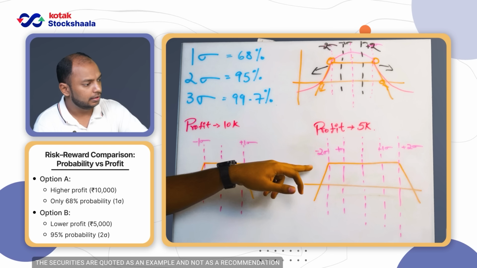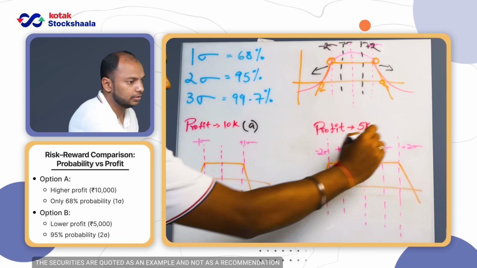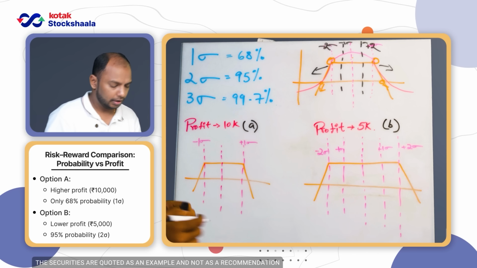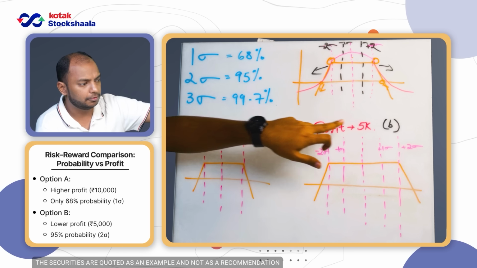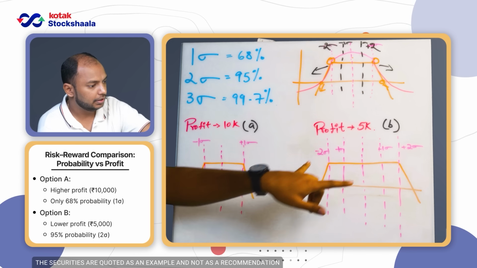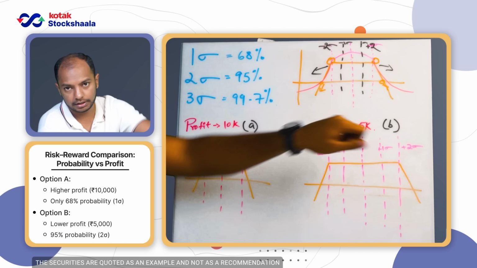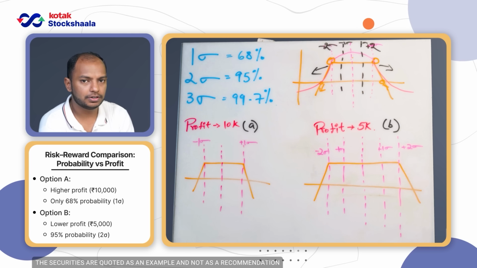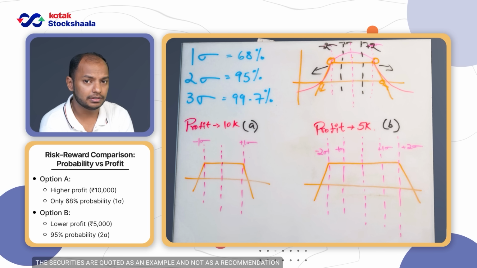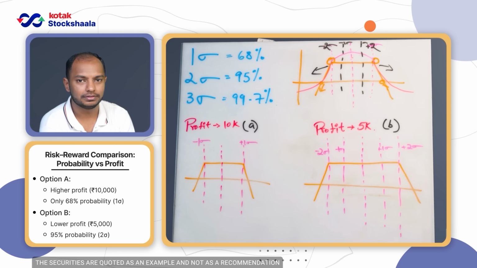Let's call this option A, and let's call this option B. On the option B side, we have a maximum profit of only 5,000 rupees, but the entire strangle that you have taken sits inside 2 standard deviations. Now, which one would you choose? Now that you have understood what a standard deviation is, which one would you choose? Let me know in the comments below.